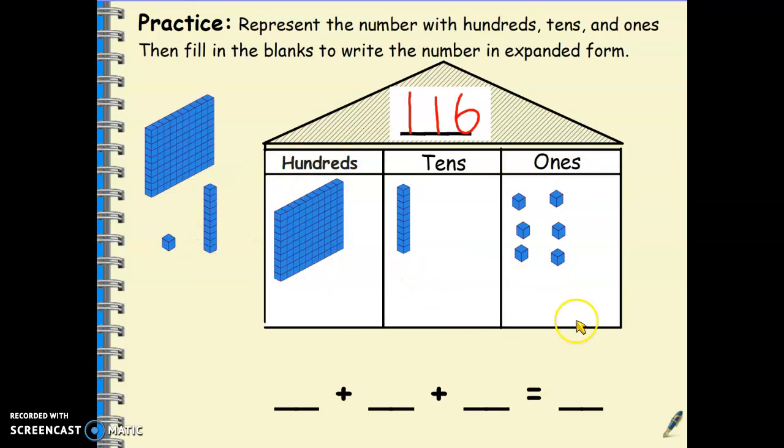This gives me 116. So let's write that in expanded form. I have 100 plus 10 plus 6 to give me 116.